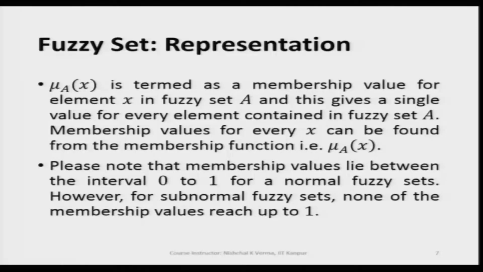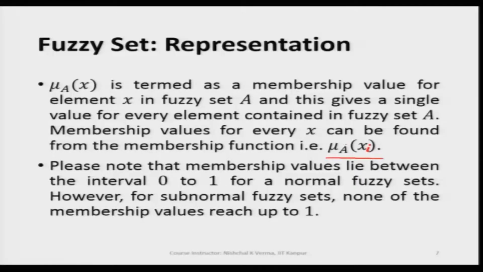If we have a membership function, let us say mu A x_i, and we want the corresponding membership value for a generic variable x_i, the ith element in the universe of discourse, then corresponding to that x_i we will have mu A x_i, and this will be a single value.